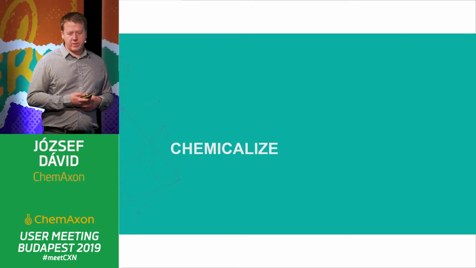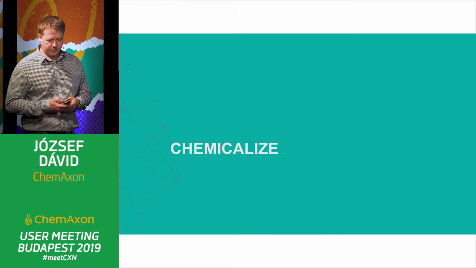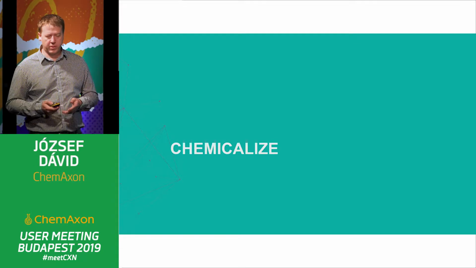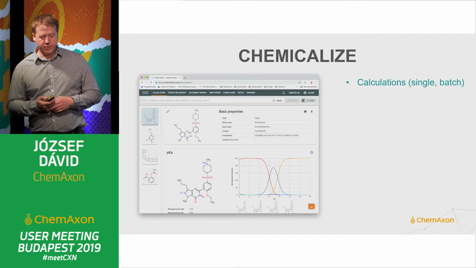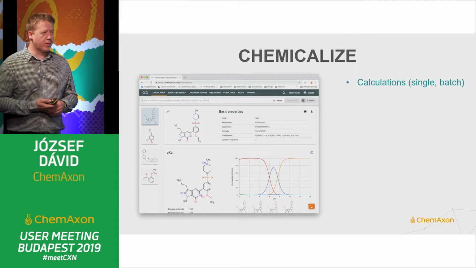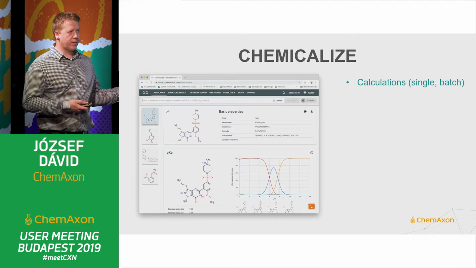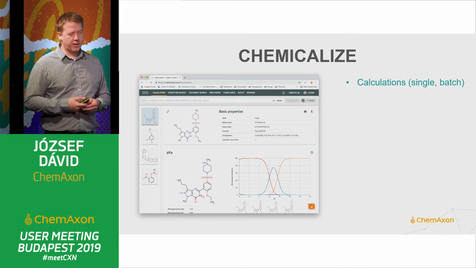I have no chance here to show you a live demonstration, because it's a presentation. But if you go to chemicalize.com or pro.chemicalize.com, you can find it. But I will show some screenshots of the tool. The Chemicalize looks like this one. It's a calculation feature, let's say, and it's hidden here.